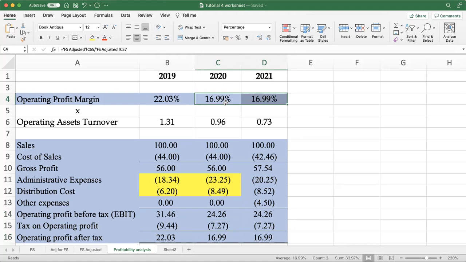That doesn't mean you don't need to analyze. When a ratio has not changed from one year to the next year, it doesn't mean you don't need any analysis. You have to analyze.